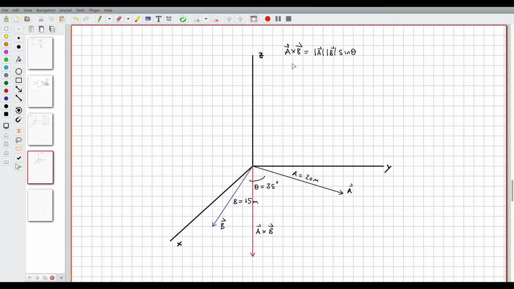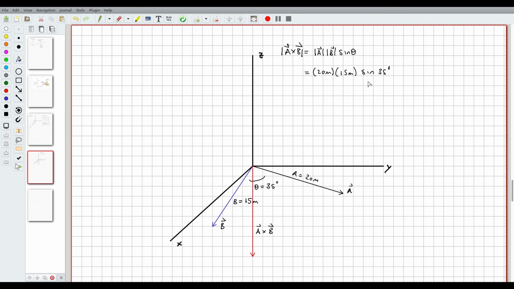This looks a lot like A dot B, with the exception that you have a sine here instead of a cosine. To figure out the magnitude of A cross B, all you do is look at the lengths: 20 meters times 15 meters times sine of 35 degrees.